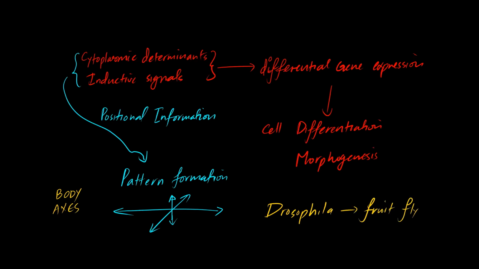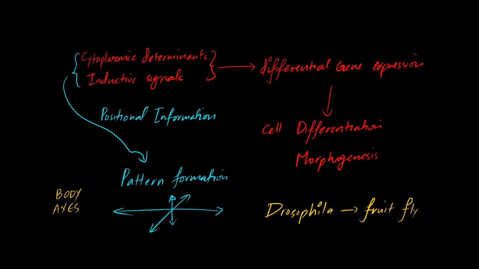Its development and the role of genes, gene expression, and cytoplasmic determinants in the development of Drosophila flies have been studied extensively by scientists. That's why it is considered a good model to study development or embryogenesis, and the genetics and biochemistry of embryogenesis.